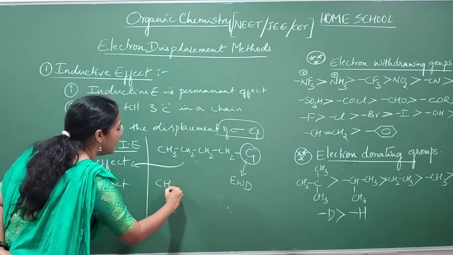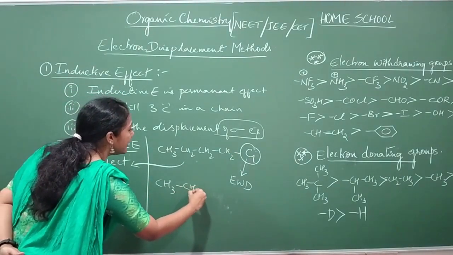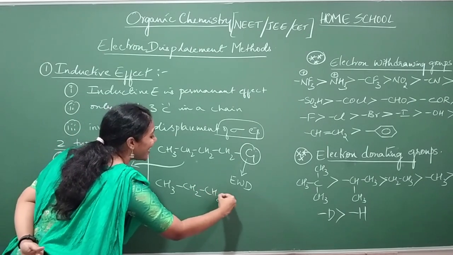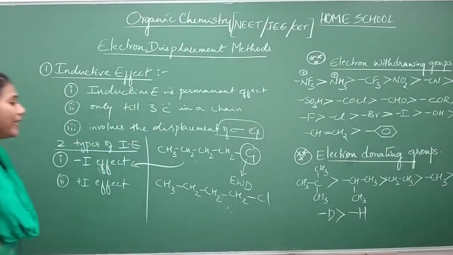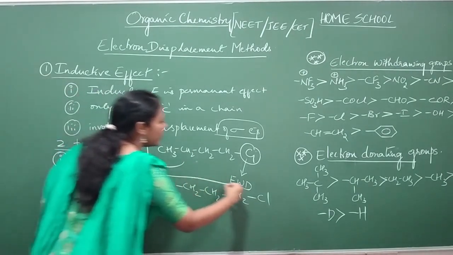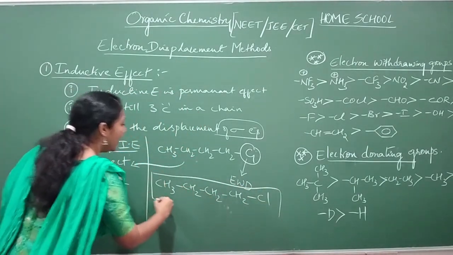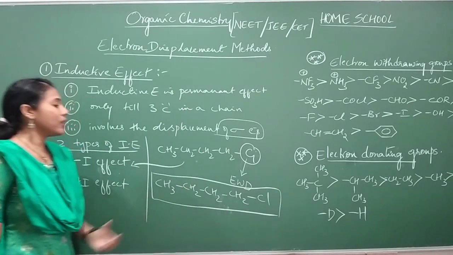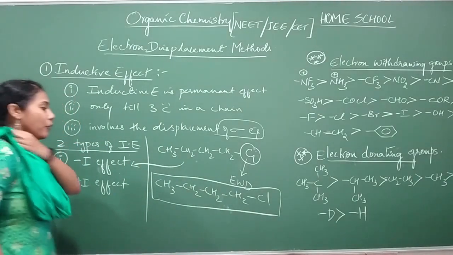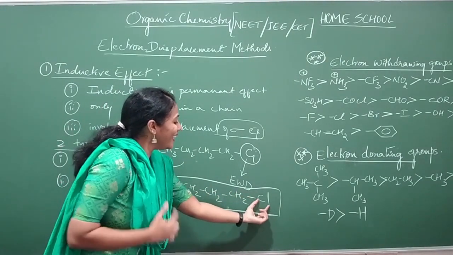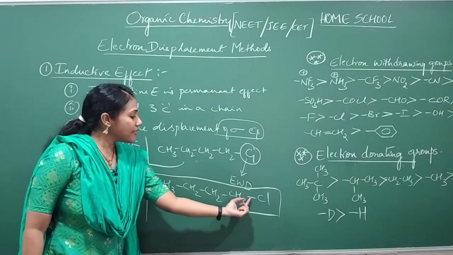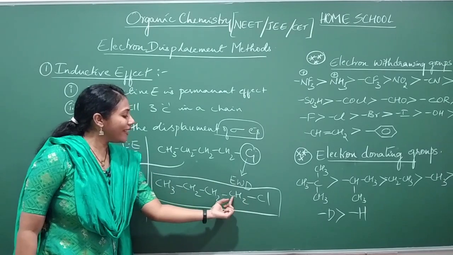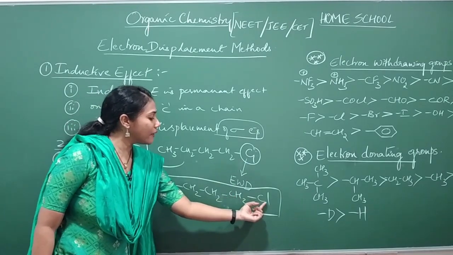And what happens when an electron withdrawing group is there in a molecule? Say for example, let me take that group as some electronegative atom like Cl. So this is the organic molecule you have in front of you. We all know Cl is more electronegative than carbon. Yes or no? This is a bond between this carbon and Cl.